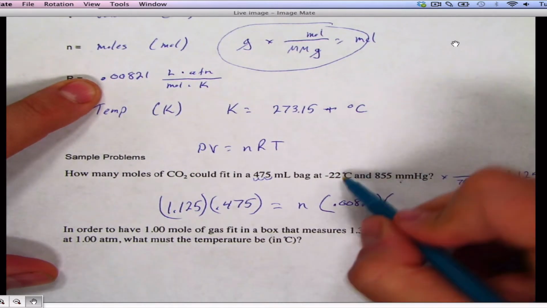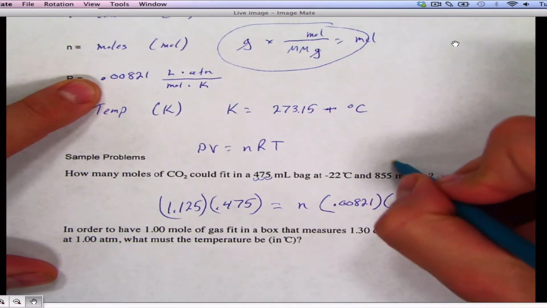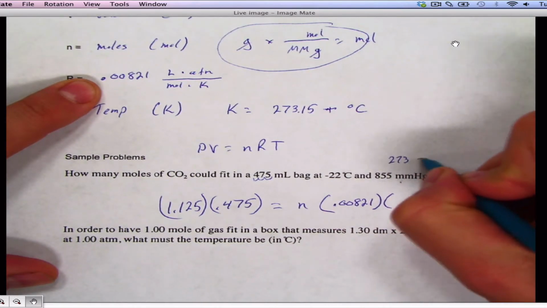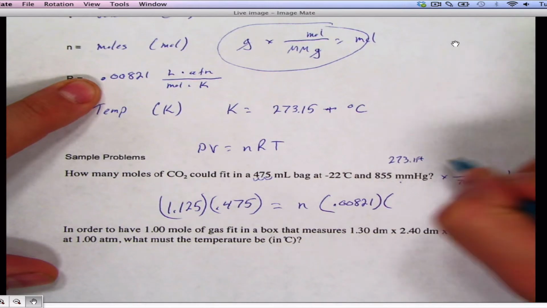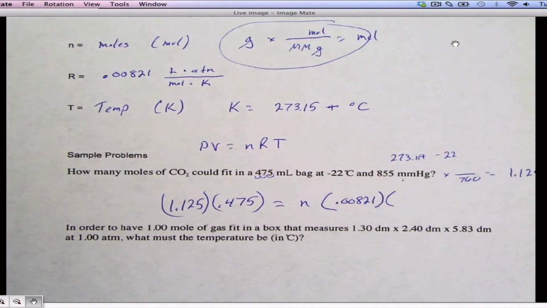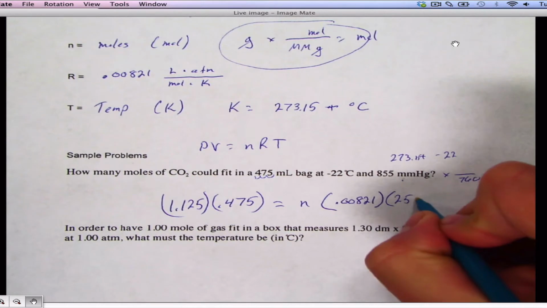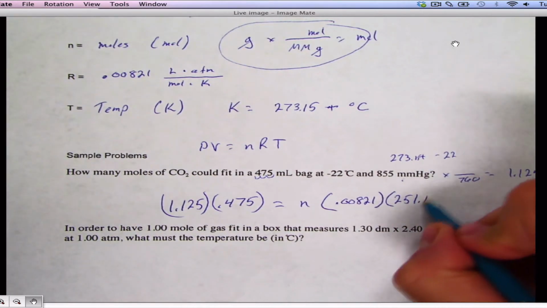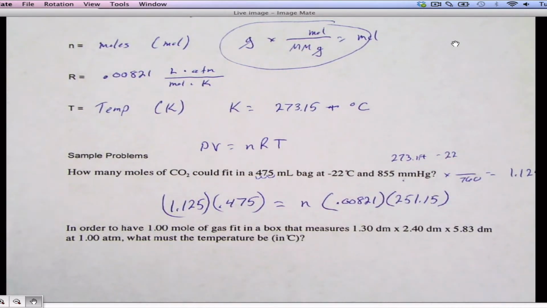And then my temperature is negative 22, so 273.15 minus 22, and we should get 251.15.